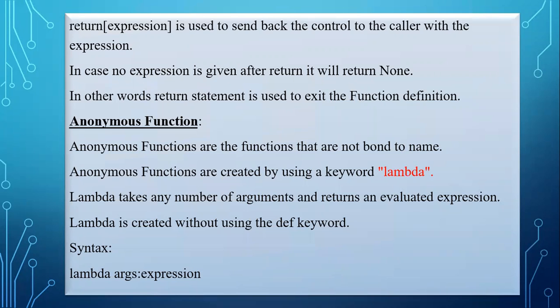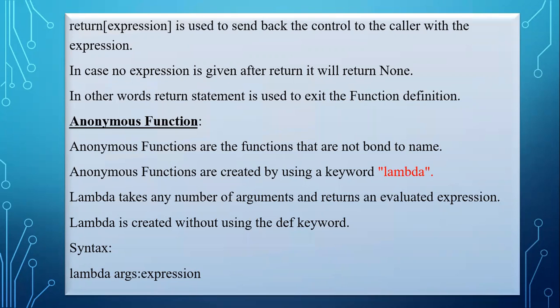But the situation is, to a function you are passing another function as an argument. That type of function we call a higher order function. So if you want a function as an argument to a higher order function, then it's better to create what type of function? Lambda function.